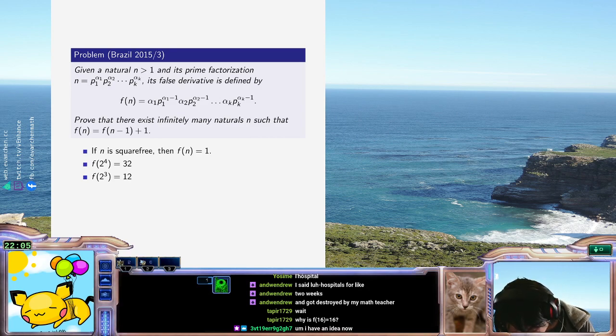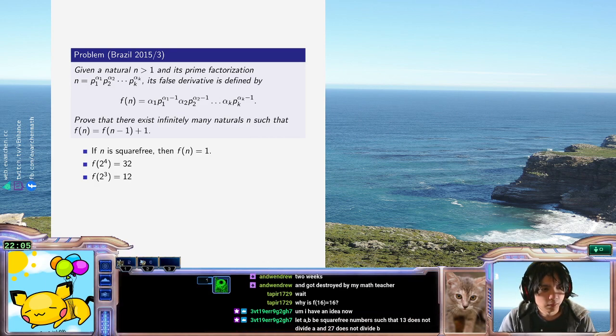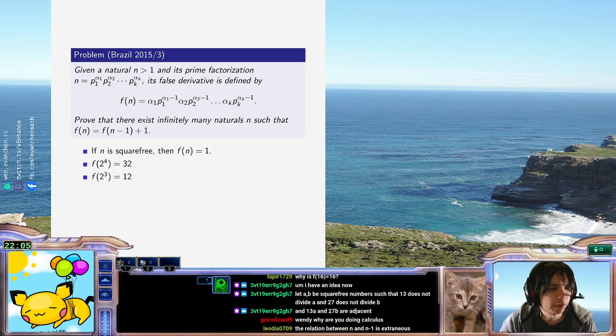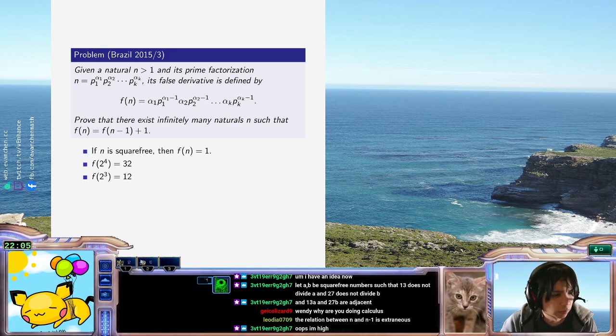Someone give me two numbers that differ by the right amount. Okay, 13 and 27 work. Wait, does 13 help? I don't think 13 works, right? Oh, it's f of 13 squared.